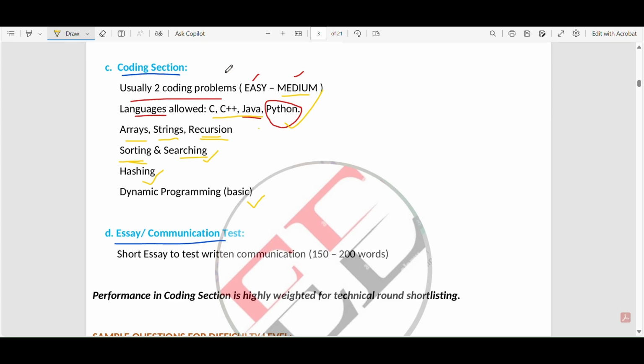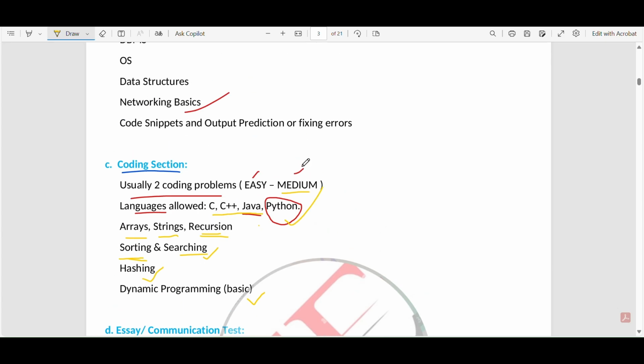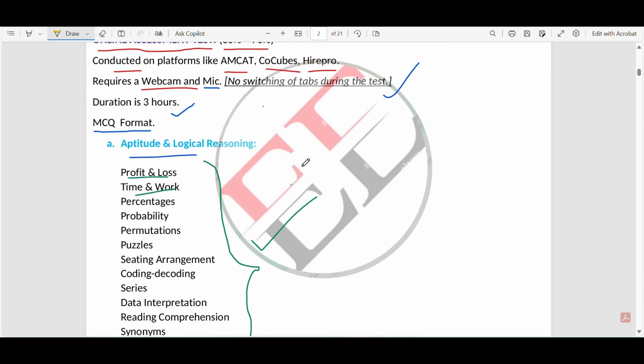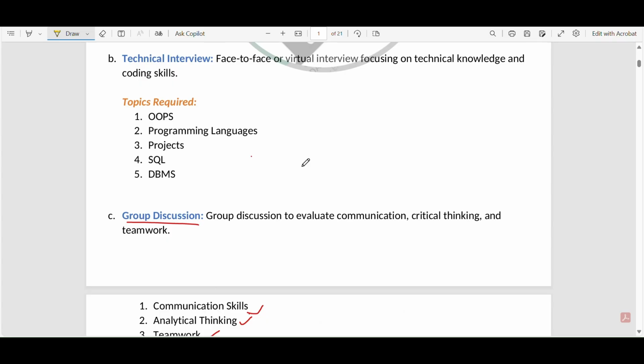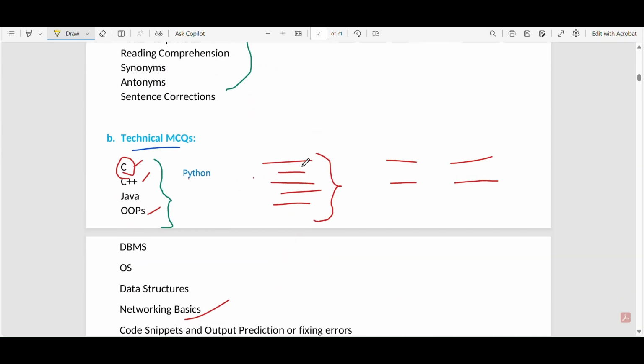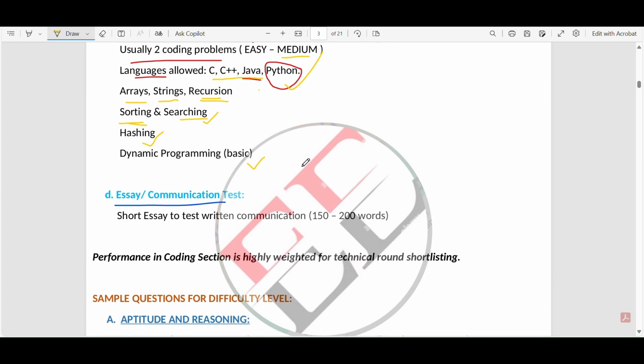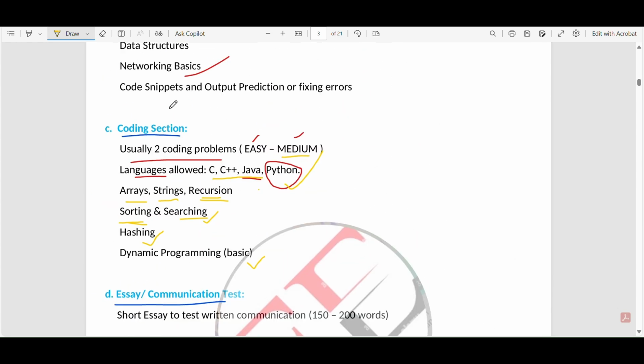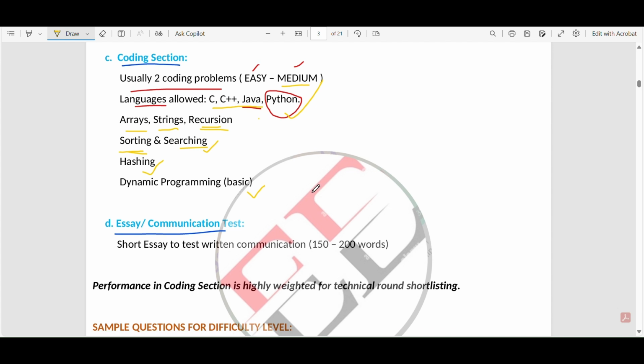So you have to definitely solve two questions to get into Power Coder 6.5 LPA. But if you solve just one, then you will get 5 LPA, right?